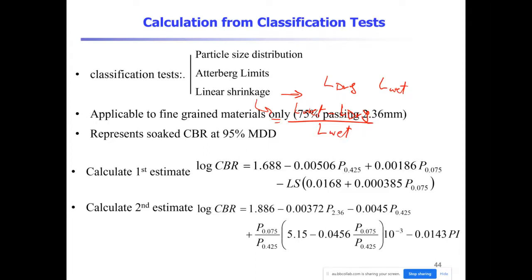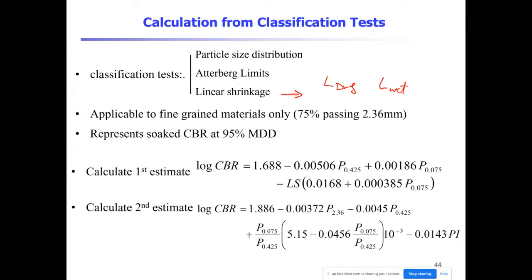This test, similar to CBR, is applicable to soil with fine grain, for the case that more than 75% of the soil passes through the sieve size 2.36 millimeter.